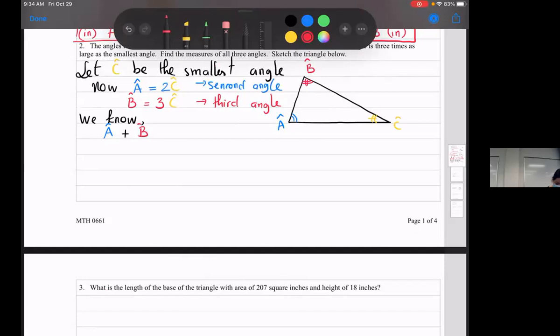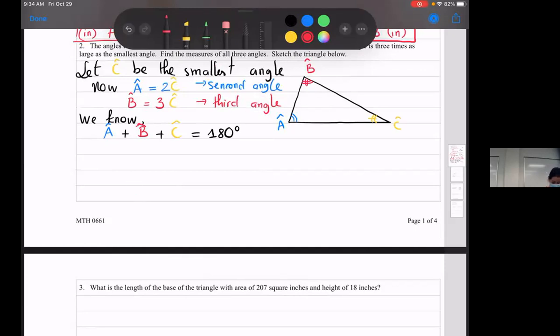Try to keep up with the color: A plus B is in red, C is in yellow, equal 180. So far so good.